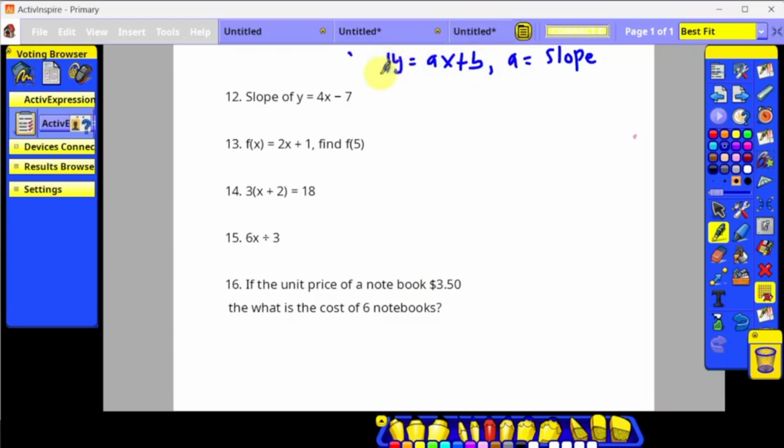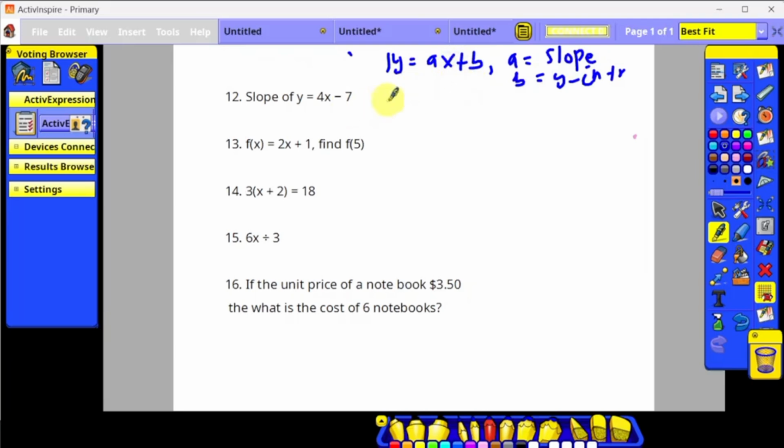But if the coefficient of y is different from 1, you have to divide by the number and make it 1. And a is always the coefficient of x, and that's the slope, and b is the y-intercept. That is the point where the graph crosses the y-axis, that is at x is equal to 0.